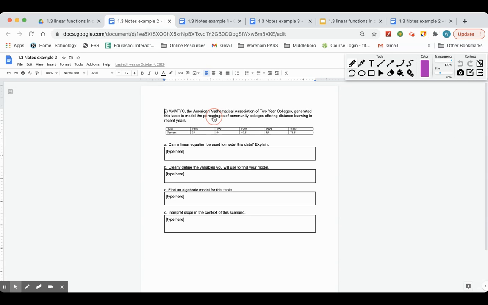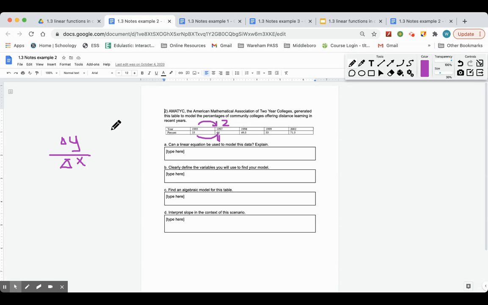All right, so when I go from 1995 to 1997, that's 2 years, and that's an increase. When I go from 33 to 44, that's an increase of 11. Remember, your slope is your change in y, and I'm using the symbol delta, which is a Greek letter for change, over change in x.